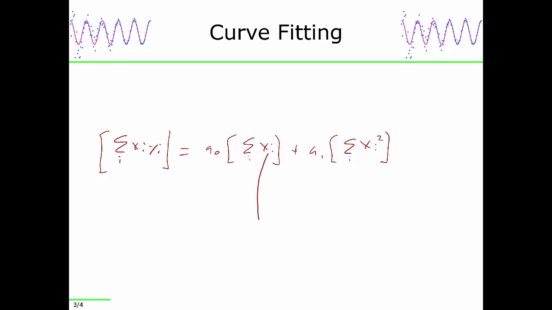All right. So this is one set of equations. You will recall, I'm going to write it up here again, that we had the other equation that looked like this, summation over i of yi, taking the derivative with respect to a0. So these are the two equations with two unknowns.